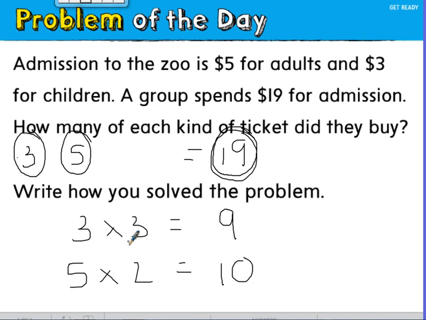So we're going to go 3 times 3, 5 times 2, and we're going to add those, and that equals 19.